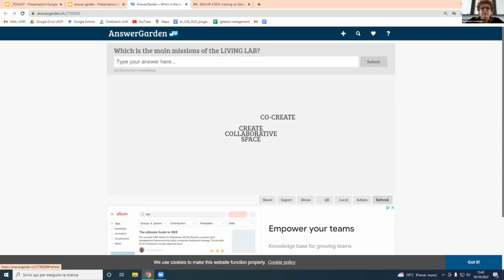Generally, we use this kind of tool, Answer Garden, because I think it's very user-friendly, and it's possible to share with all the participants of the meeting or workshop some ideas. In this way, it's possible to have a good visualization of the answers, exploring the more diffused activities.